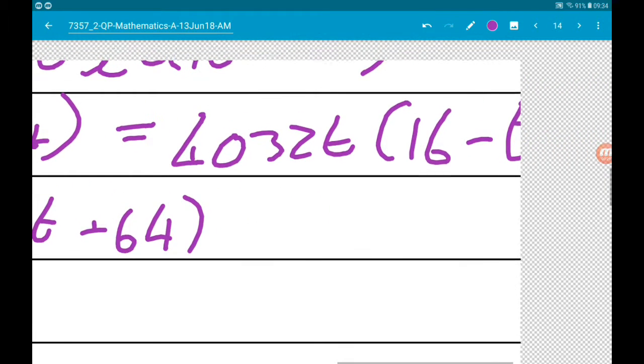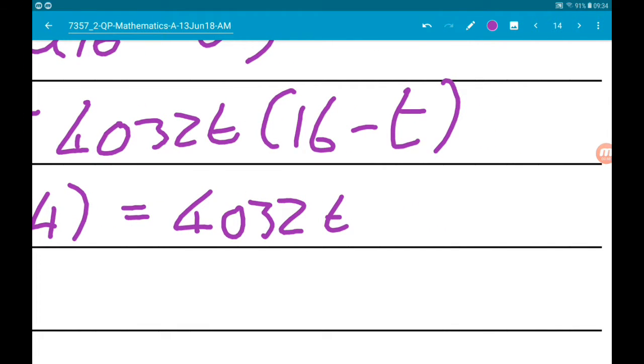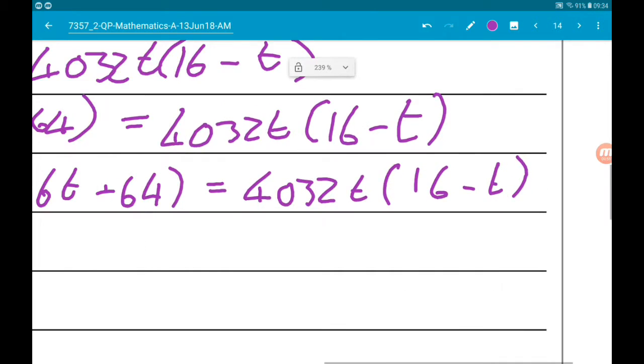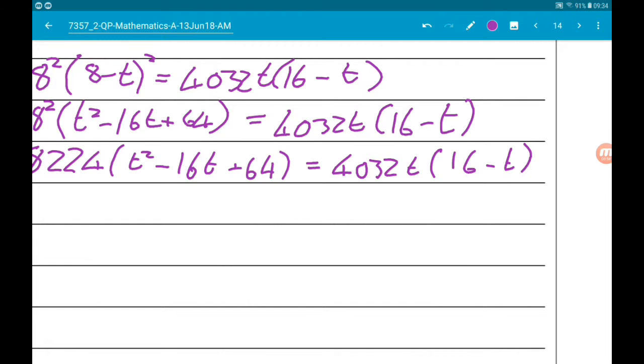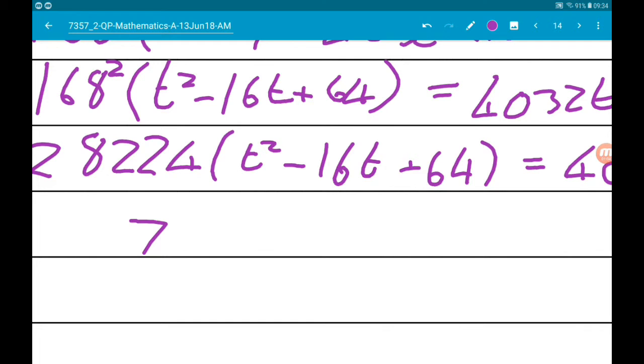Before we do anything on the right, it's absolutely worth checking whether 4032 goes into 28,224, which very, very happily it does. So we're going to have sensible numbers in a moment. If we now divide both sides by 4032, we get 7, which, after those mental numbers, just seems incredibly nice.